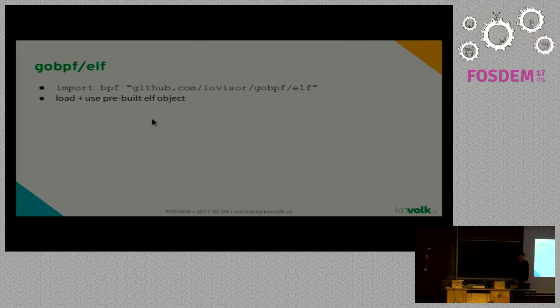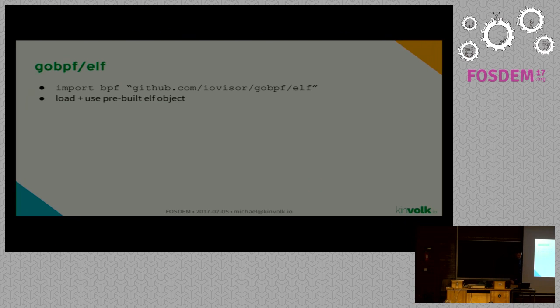Yeah, so the second package in Go.mp4 is elf. So if you don't want to translate your program before you actually use it, or if you cannot ship the libbcc on all your systems because maybe it's too large and your containers should be small and tiny, then you could think about using precompiled object files.